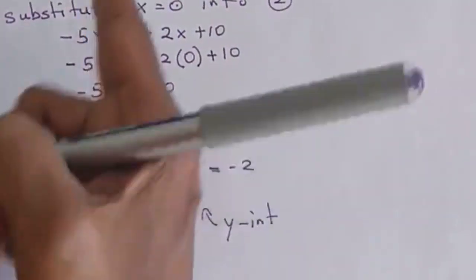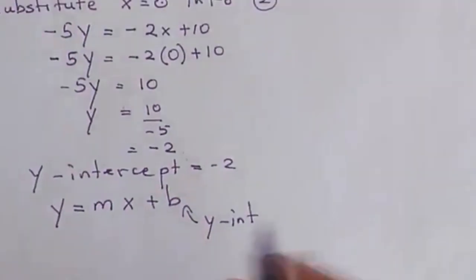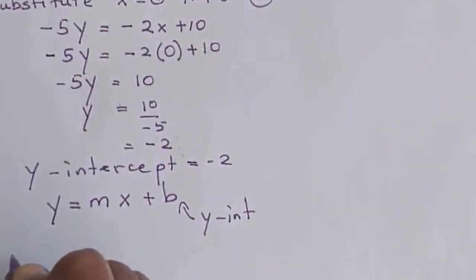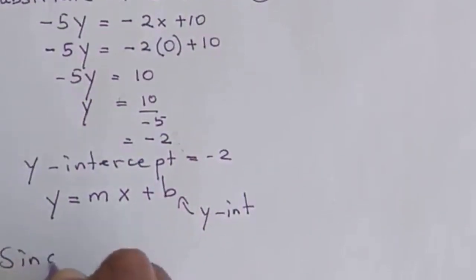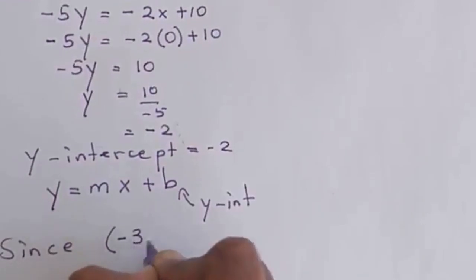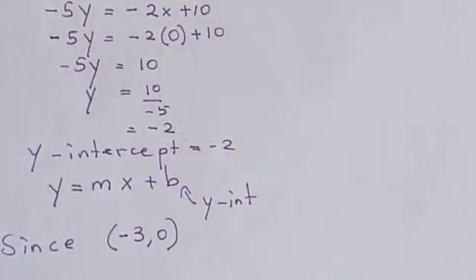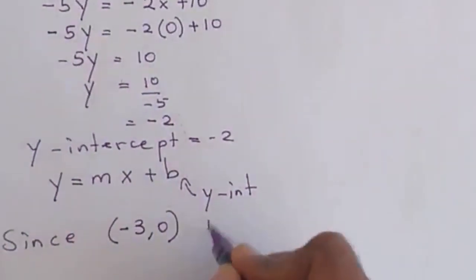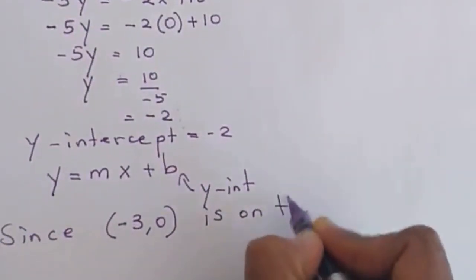So let's do that. I'm going to write the x-intercept as coordinates: negative 3, 0, which is on the line.